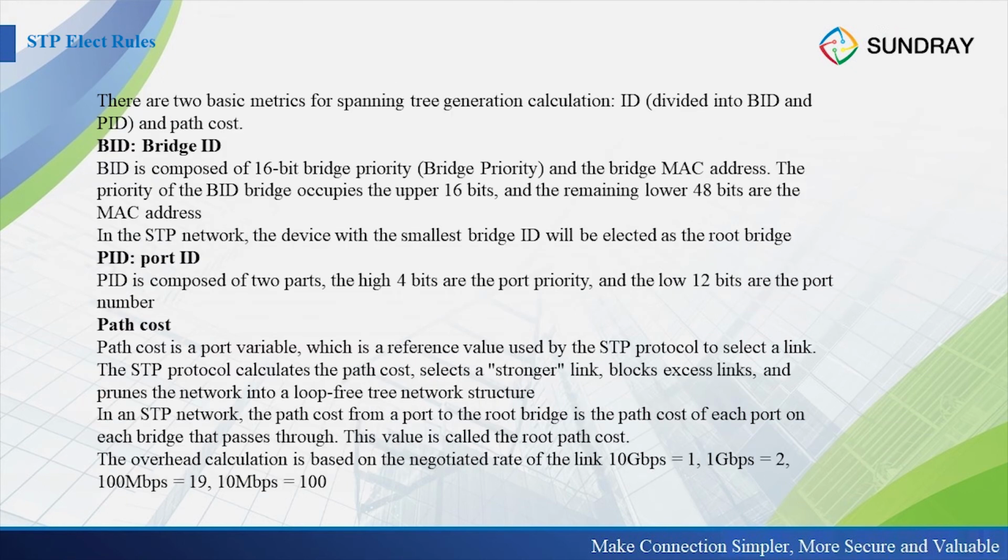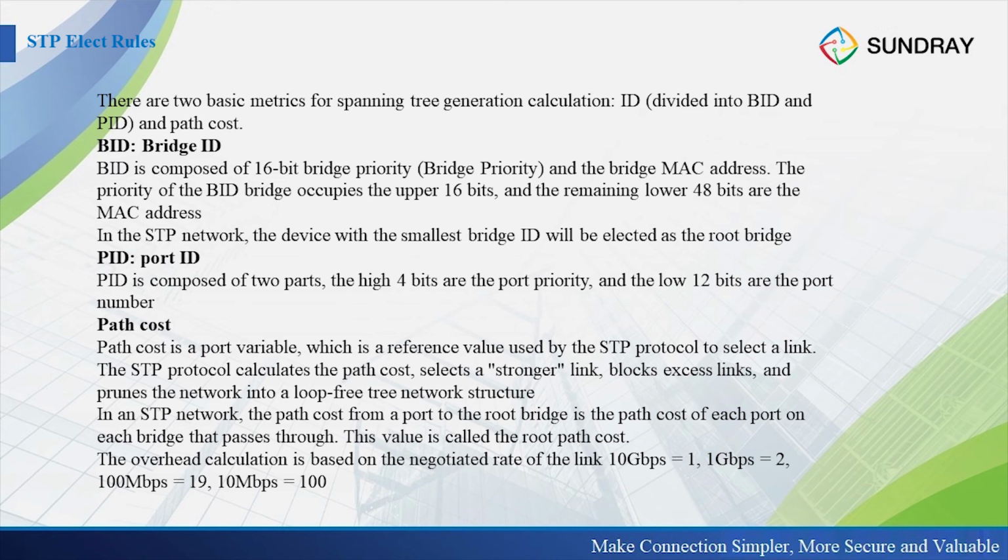There are two basic metrics for the spanning tree calculation. The ID is divided into BID and PID, and the path cost. The BID is bridge ID. Bridge ID is composed of a 16-bit bridge priority and the bridge MAC address.